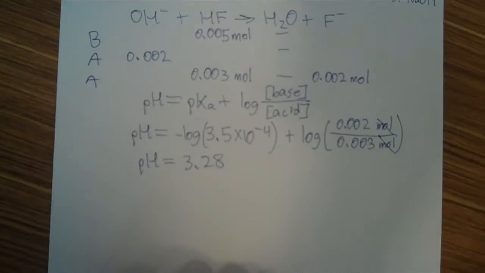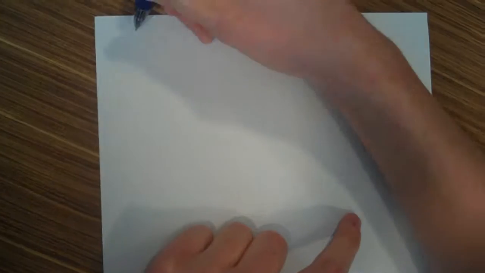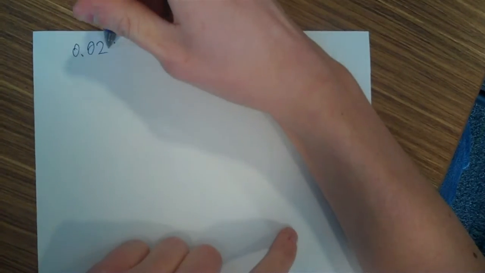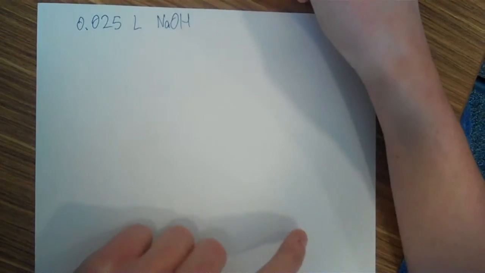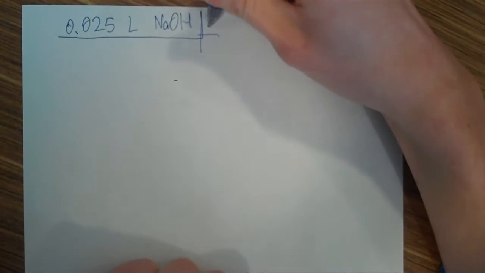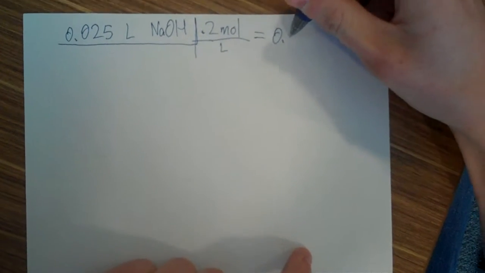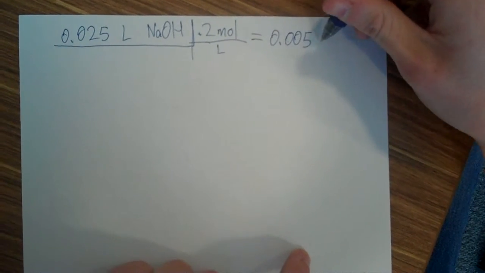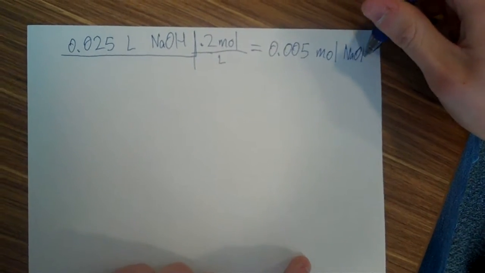So for the next part, let's take a look at what happens when we reach the equivalence point. So 0.025 liters of sodium hydroxide are added. So 0.025 times 0.2 moles per liter, which is our molarity, gives us 0.005 moles of NaOH that is added.